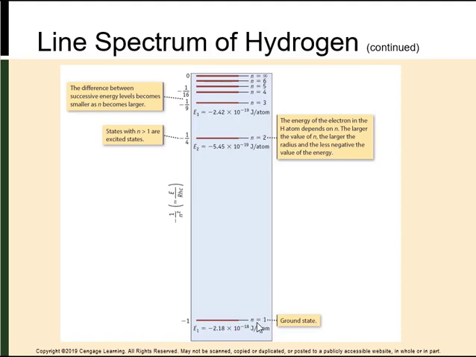This is when n equals 1, so this is my first orbital, my ground state, and then we can see the energy associated with the electron at the ground state, and then the energy when n equals 2, and then the energy when n equals 3. And we can see that the difference between these successive energy levels becomes smaller as n gets larger.